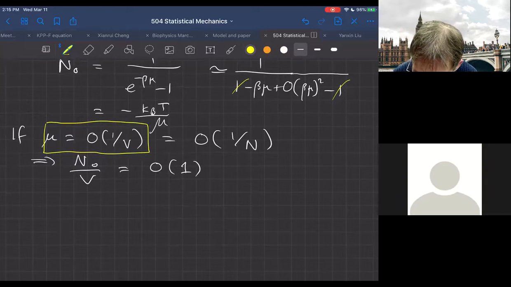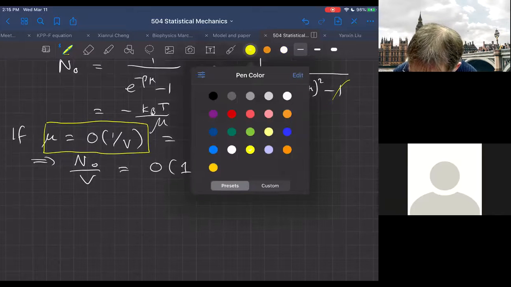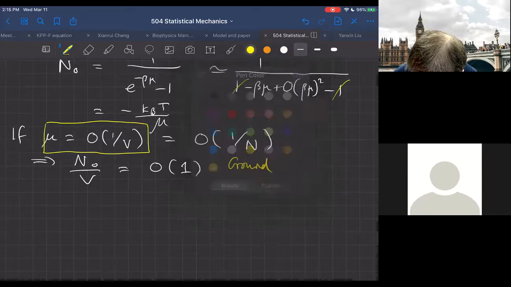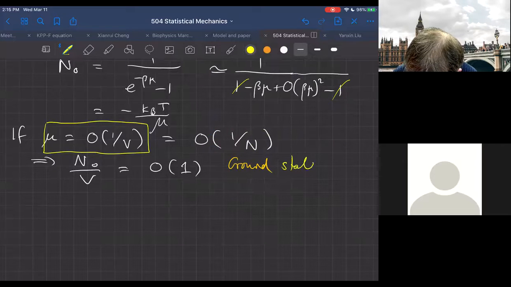When this is true, we say that the ground state is macroscopically occupied.